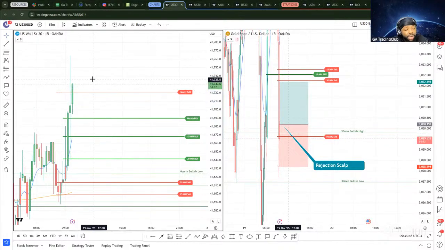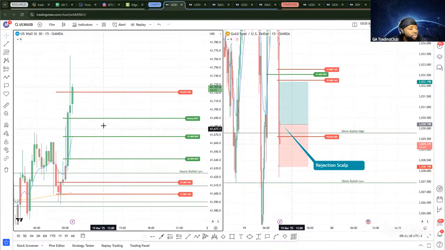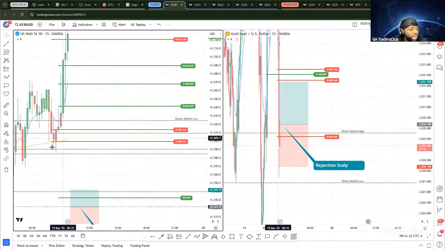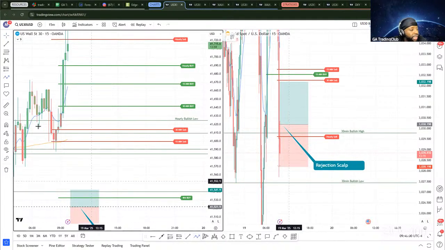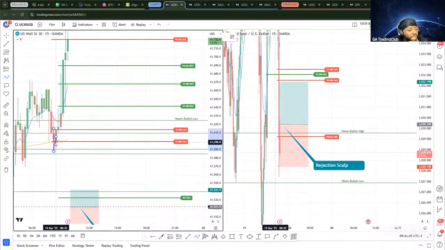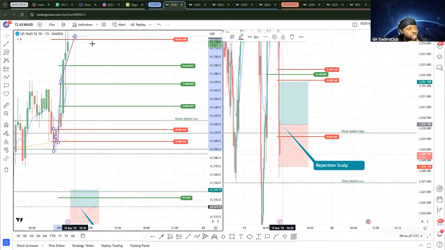Again, it doesn't happen every time, but if you look down here, this 15-minute rejection area, you had this candle right here that tried to close below, but then it came back up and closed above, and that started the push to the upside, right?